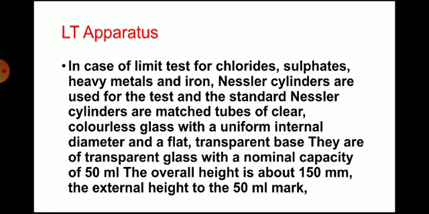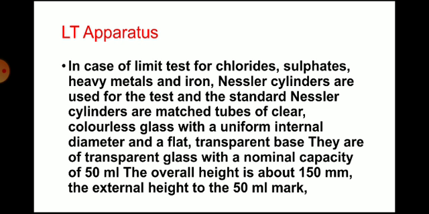Limit test apparatus. The type of apparatus which is used to perform the limit test for impurities. In the limit test of chloride, sulfate, heavy metal, and iron, Nessler cylinders are used for the test and standard.